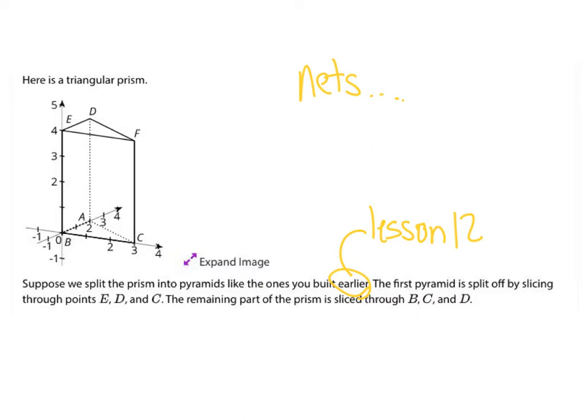The first pyramid is split off by slicing through points E, D, and C. I can't even draw on it to show you that. The remaining part of the prism is sliced through B, C, and D.